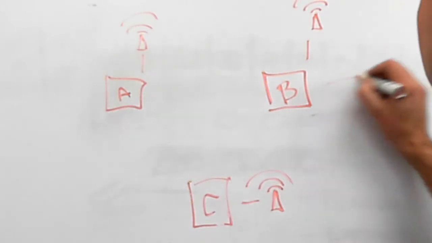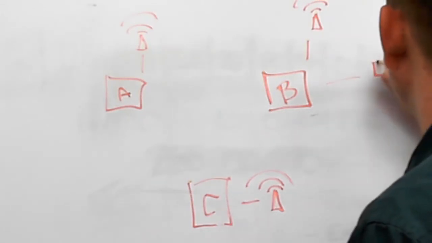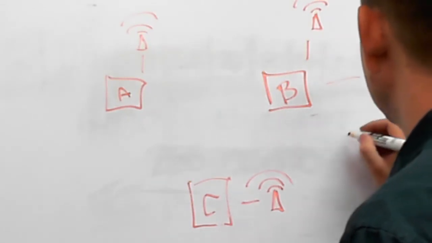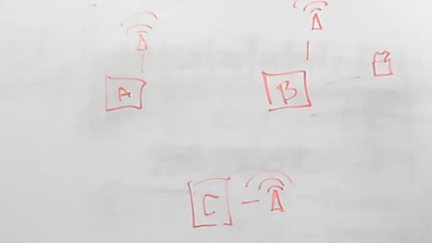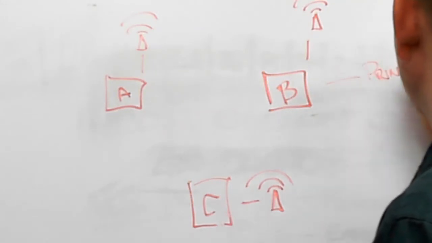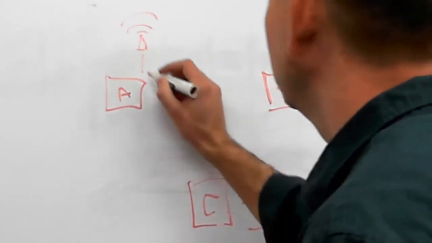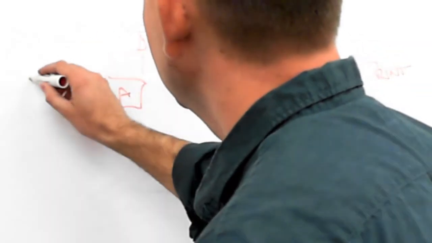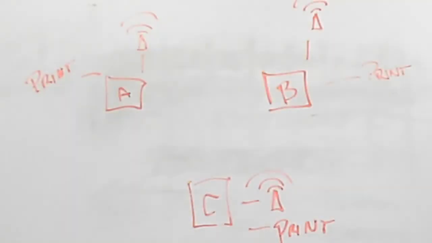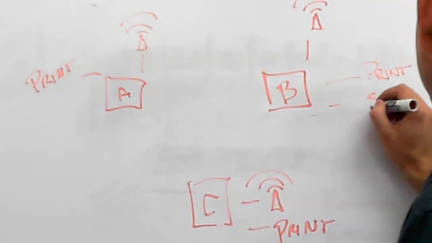So Wi-Fi, we're going to need printers, and of course you can either do graphics, or you can do boxes, or you can just spell it out. Printers, stuff on this side. Printers, and then let's see, we're also going to need, we have student computers.